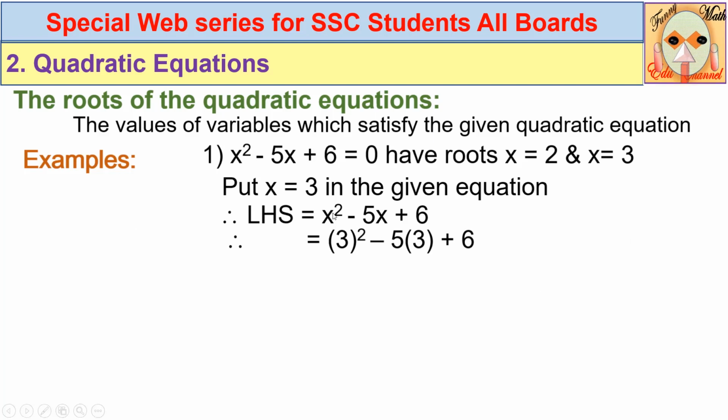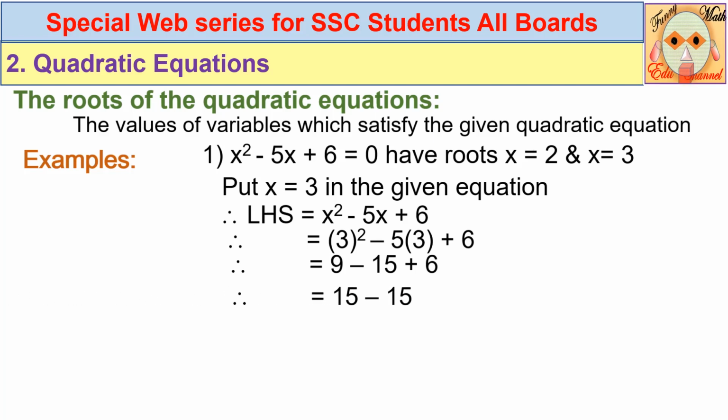See, x square means 3 square, minus sign as it is, 5 as it is, x means 3, we are writing this value in bracket, and plus 6 as it is. Means wherever the x was above, we have written 3. Now do the simplification. 3 square is 9, 5 into 3 is 15, and then in the next step we are going to add 6 and 9, you get 15.